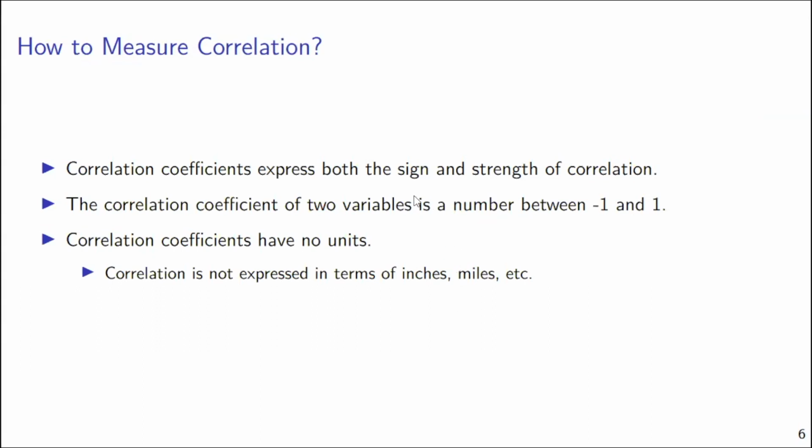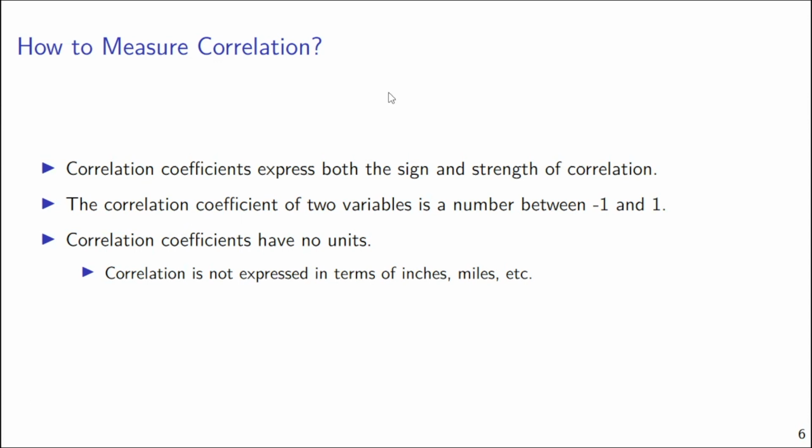So you have both sign and magnitude. But the interesting thing about correlation is it's unitless and it's normalized to be between -1 and 1. There's another measure called covariance, which can be bigger than 1 or less than -1.